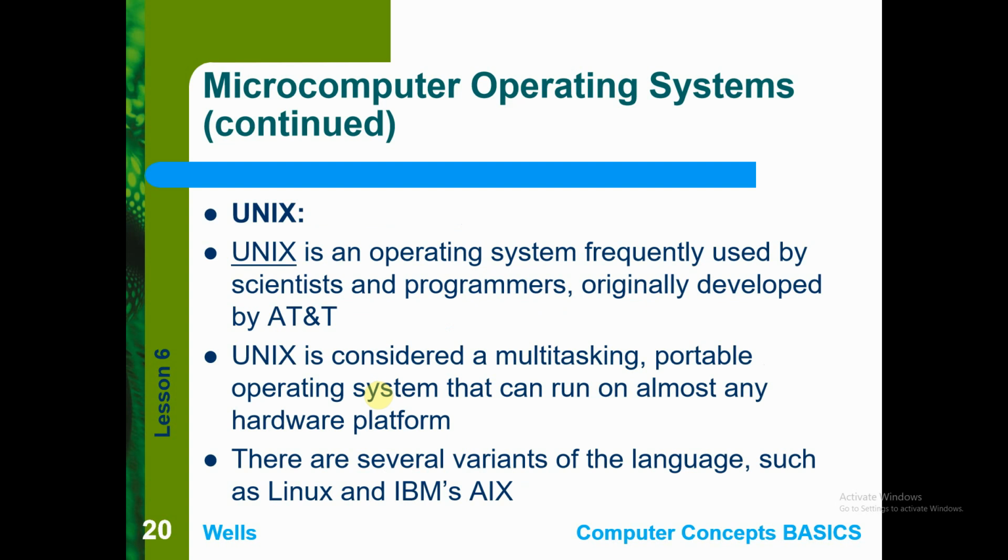It later developed into versions like IBM's AIX and Linux. So Linux is a computer OS developed from Unix. Linux has its own language, and I think it also has a command interface in its functionality.